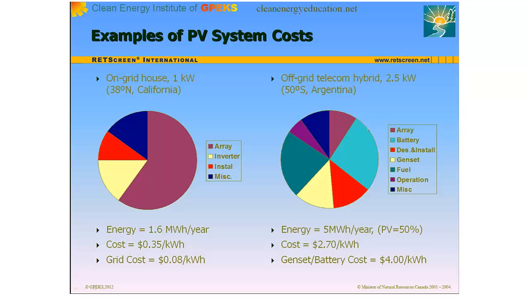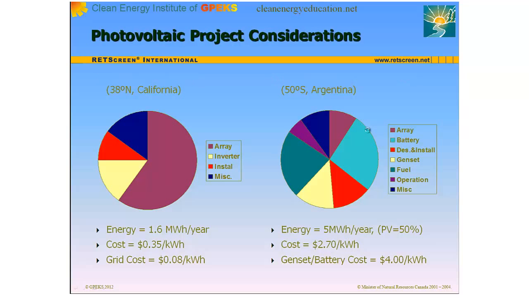But note, with grid electricity costing 8 cents per kilowatt hour in California, the on-grid photovoltaic system is not cost-effective. In contrast, the Argentinian off-grid system is far less expensive on a life cycle basis than the next cheapest power supply option of a genset battery cycle charging system, which generates electricity at about $4 per kilowatt hour. This illustrates the point that while photovoltaic systems can be expensive, for off-grid applications they may be cheaper than all other alternatives.